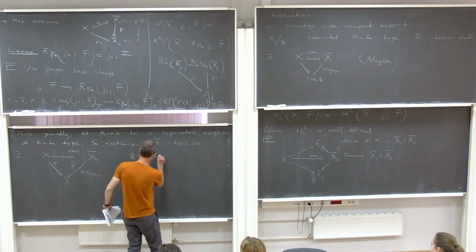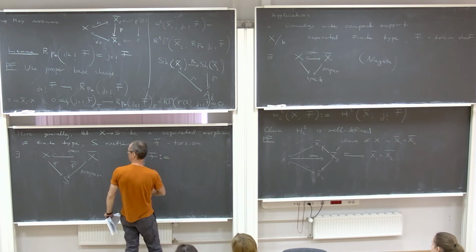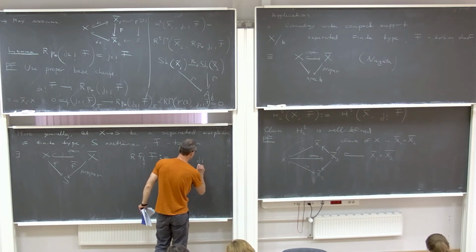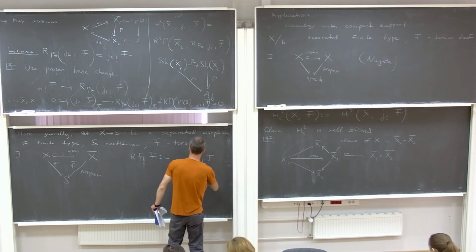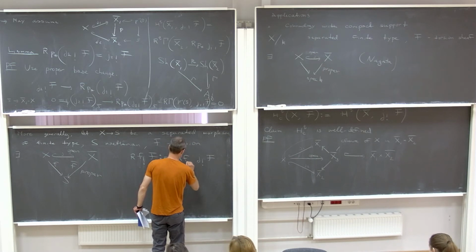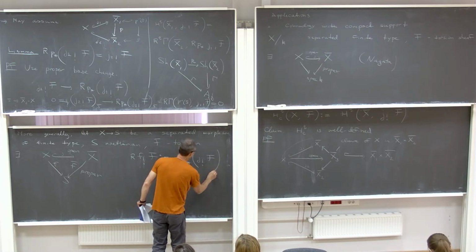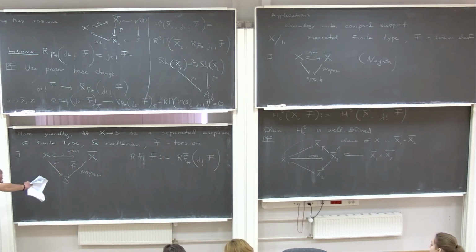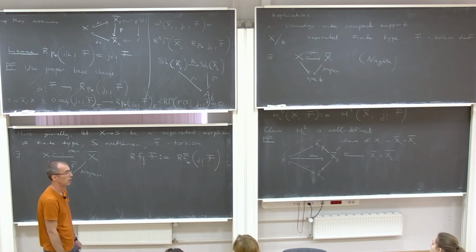So by definition, this is j lower shriek of F, and then I take R f bar lower star. So if S is a spectrum of a field, you recover the definition that we had before.